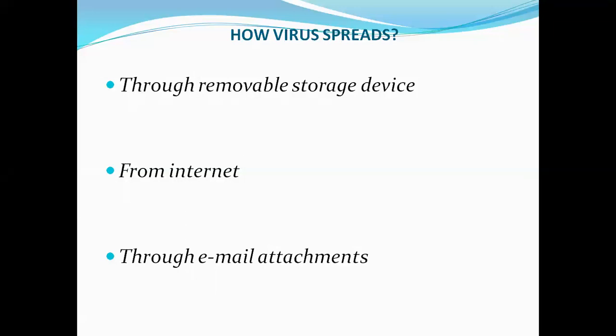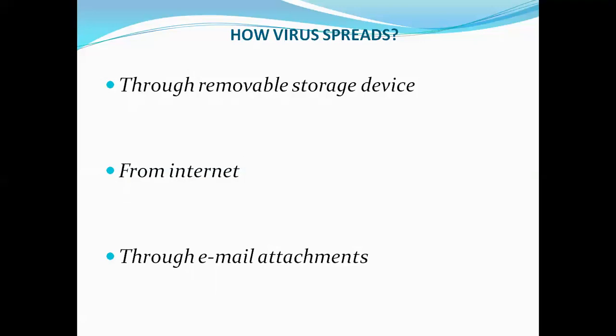Okay, clicking on unwanted links on the internet could be a reason. Opening different unwanted sites could be a reason. So the internet is one of the strongest reasons from which a virus can spread to our computer.